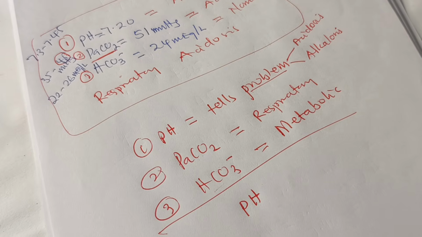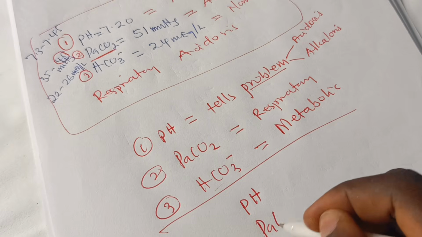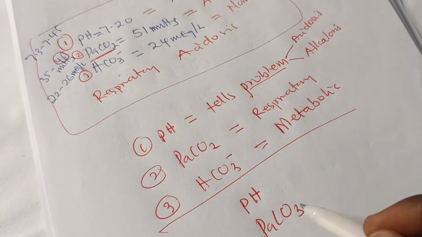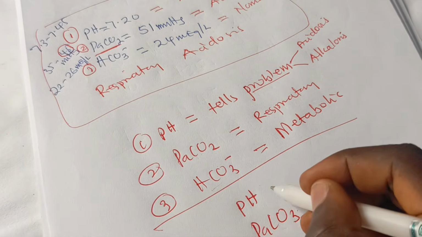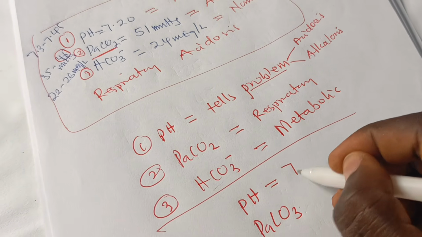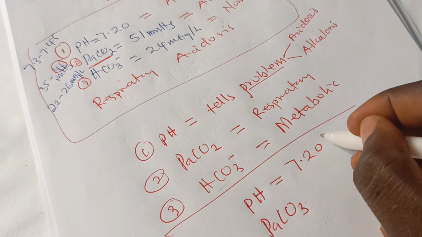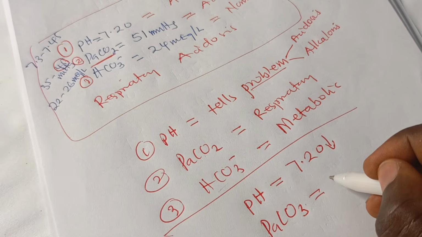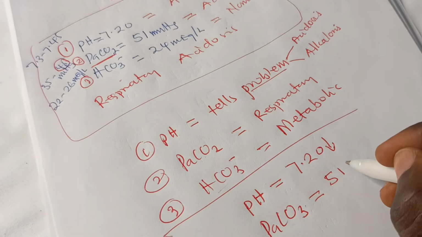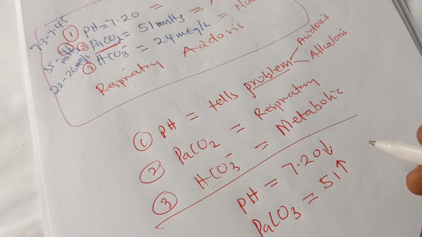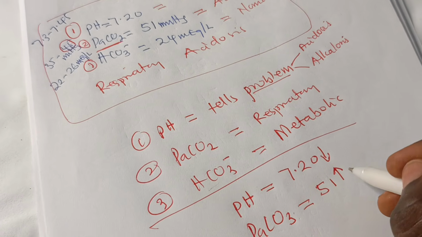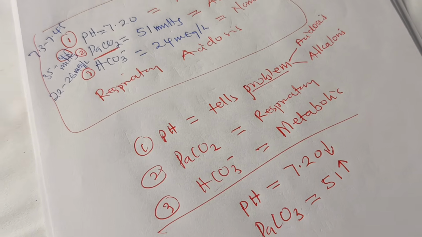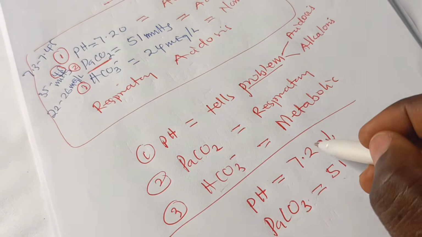Now, if you look critically, the relationship between this and this is inverse. If the pH is 7.20, which is low, for the carbon dioxide to agree, it must be high. So a higher carbon dioxide agrees with a lower pH.